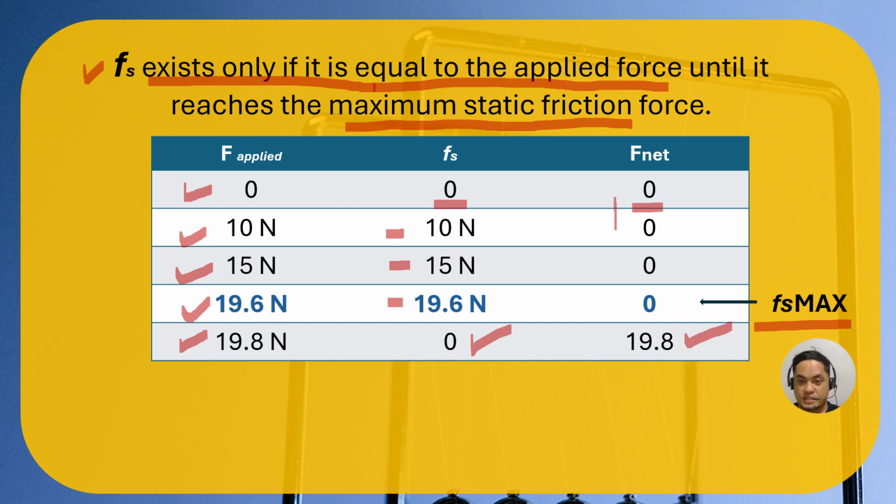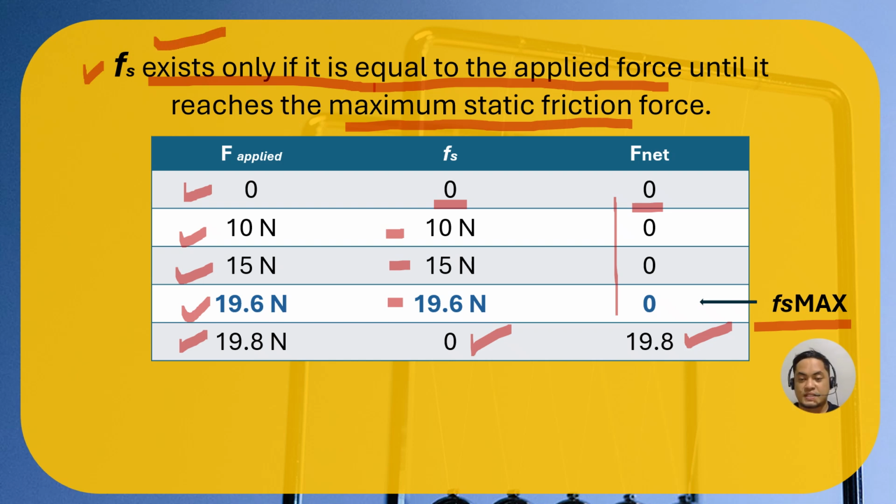In this part of our table, if you notice, the net force is 0, so meaning the object is not moving. Applied force is equal to the static friction. Static friction exists only if it's equal to the applied force.